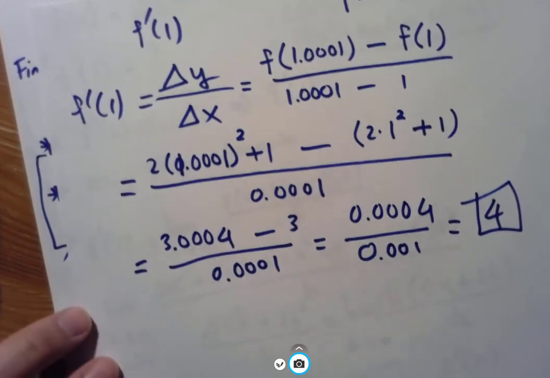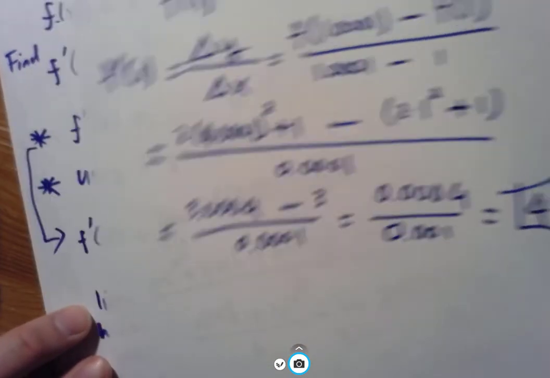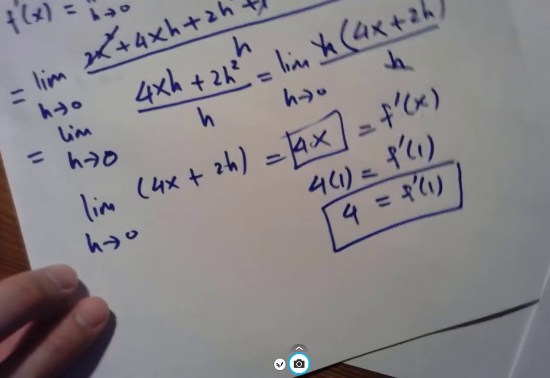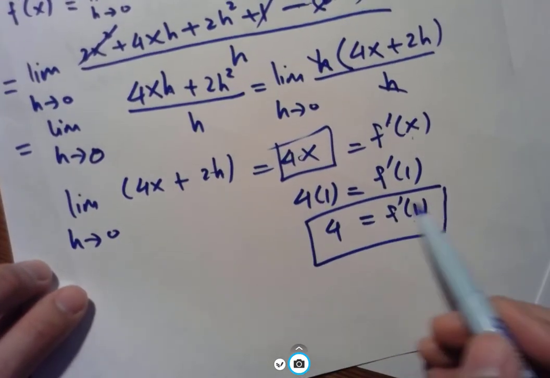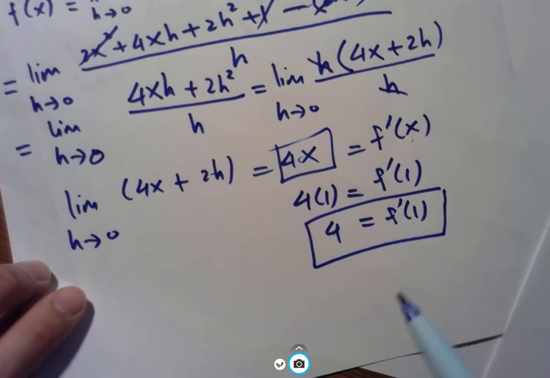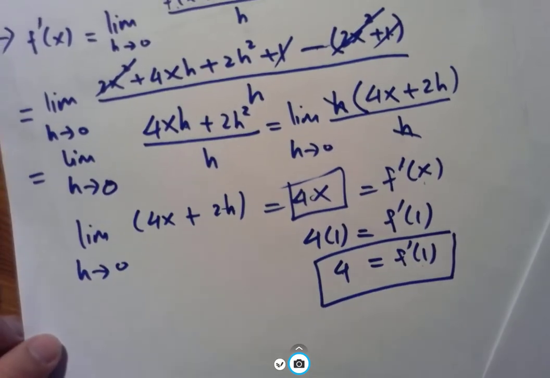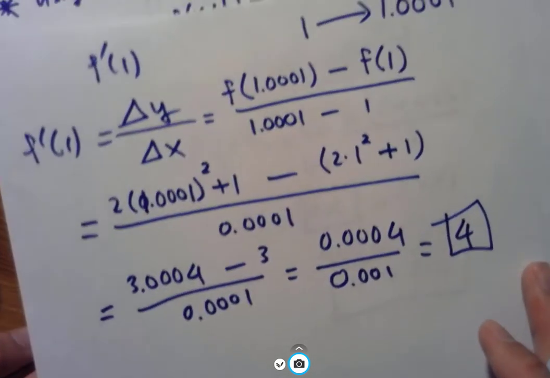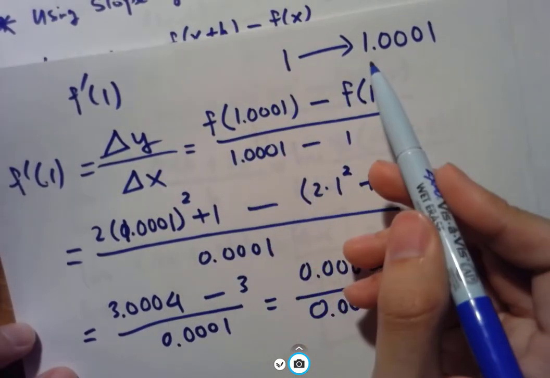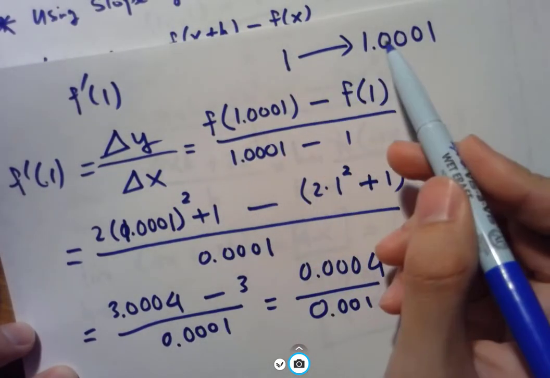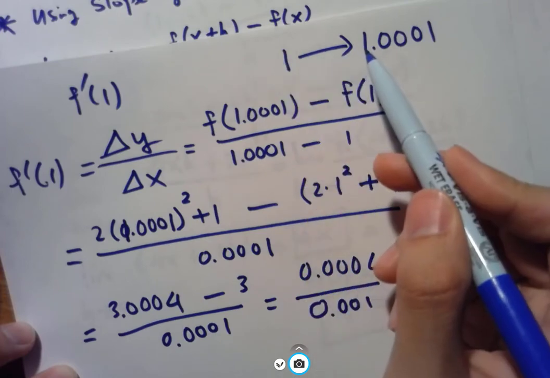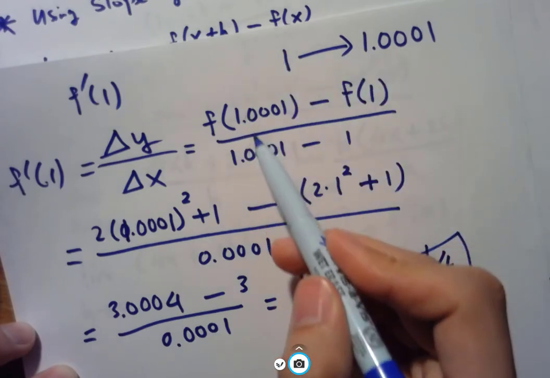So we also got f prime of 1 equal to 4, and that is the same thing as I got earlier right here. So the two answers are the same. One is using the approximation of the slope formula, but make sure the 2 points are very close to each other, and then apply the rise over run.